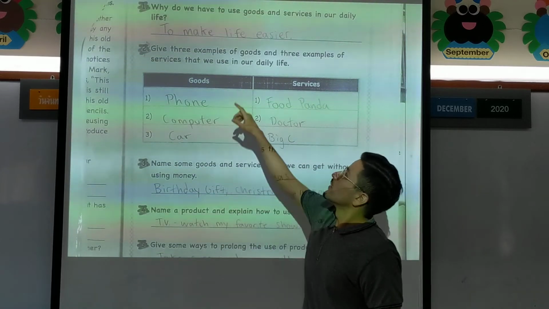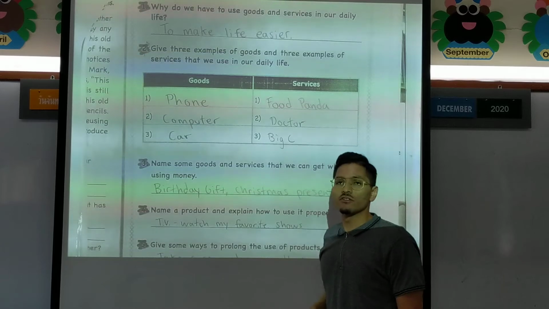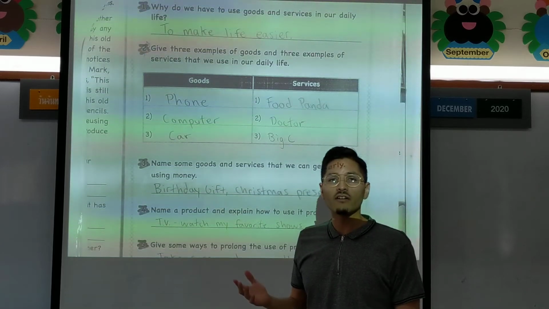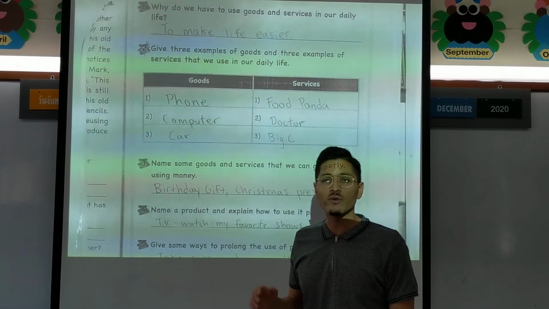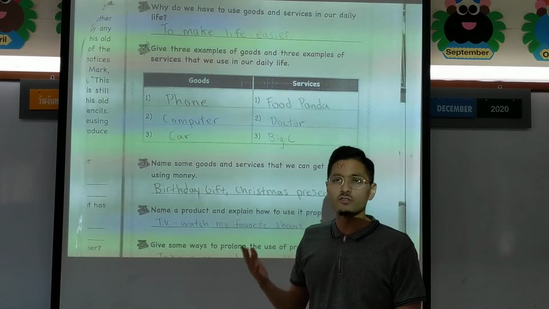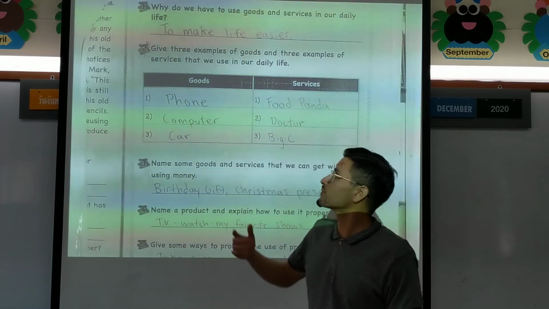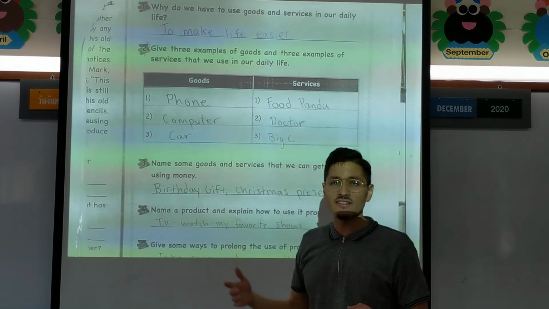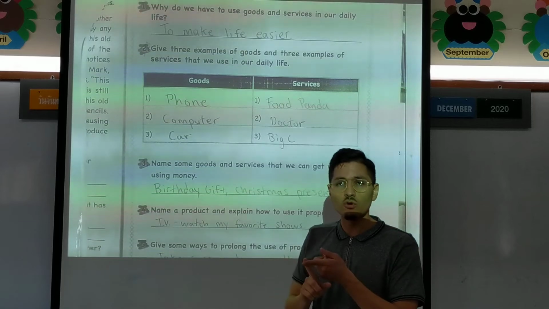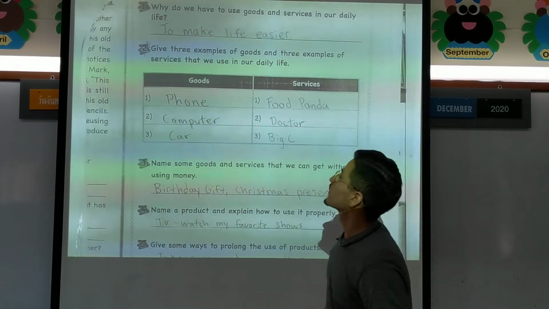You remember? To make life easier. So if we don't have a car, that's a goods, if we don't have one, we have to walk to school, to work, to the store. But if you have a car or a motorbike, this makes life easy. Now you can drive to school, to the store, okay, or home.